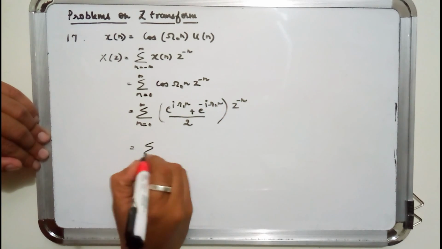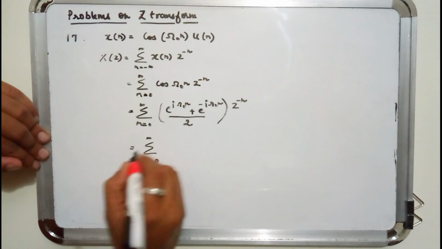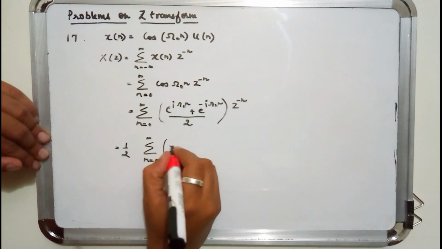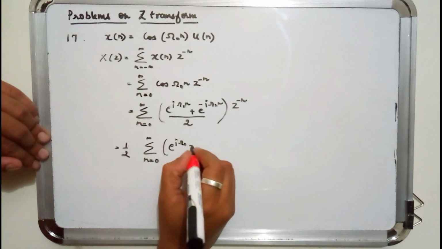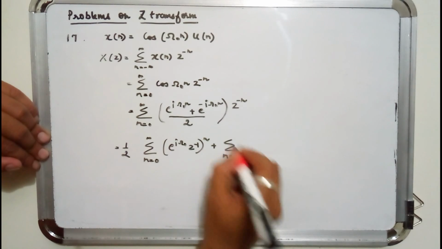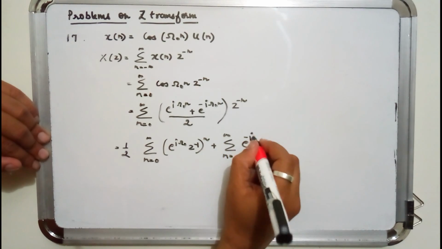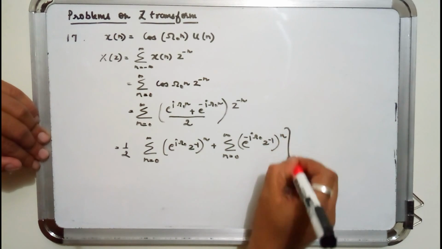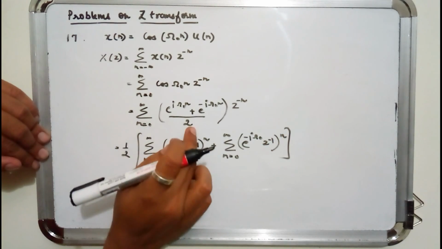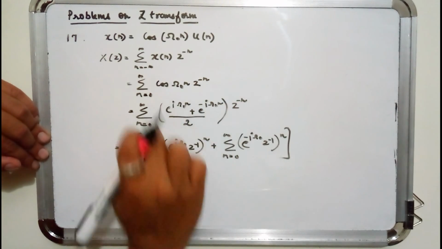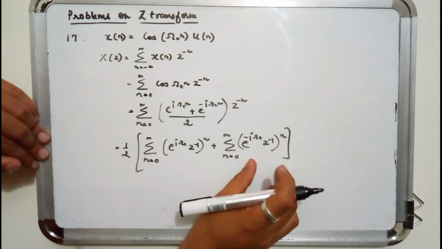I'll take half out. So here I will be getting summation n is equal to 0 to infinity of e power j omega naught z power minus 1, whole power n, plus summation n is equal to 0 to infinity of e power minus j omega naught z power minus 1, whole power n. What I just did was I took half out, and I have written e power j omega naught z power minus 1 whole power n, and similarly in this case.